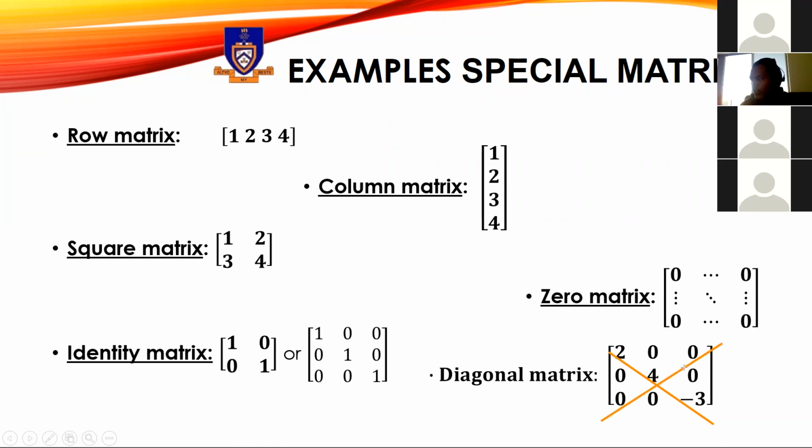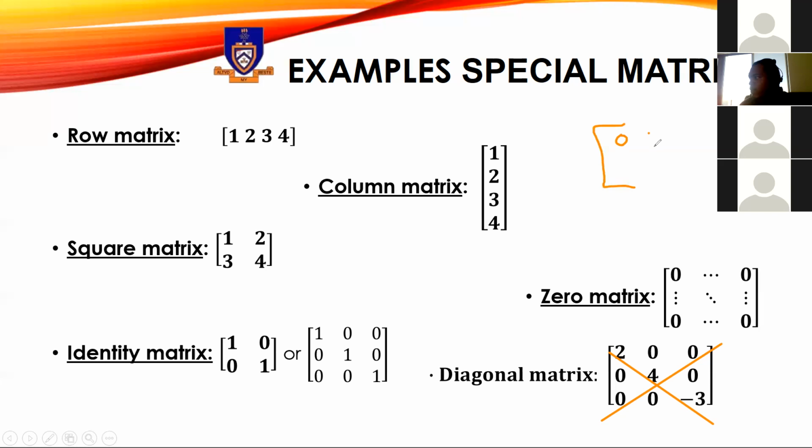So if we have numbers going this way and everywhere else is 0, then that can also be a diagonal matrix, okay? And it must not be ones on the main diagonal. If it's ones here, then it will be an identity matrix.